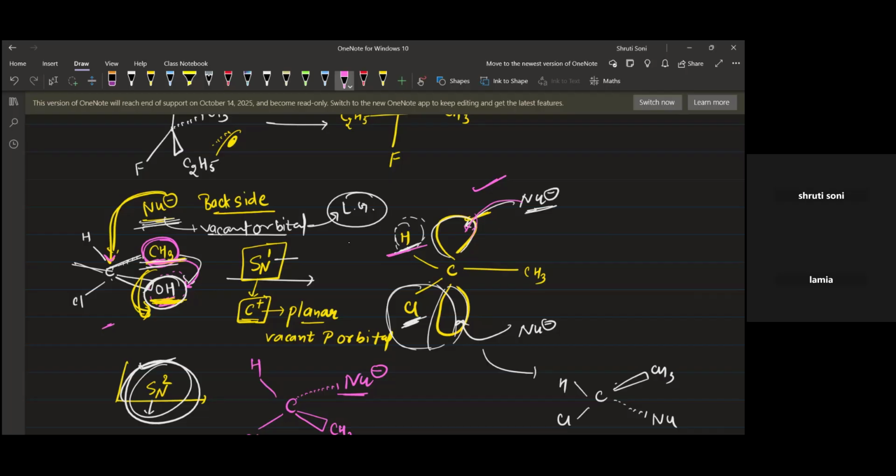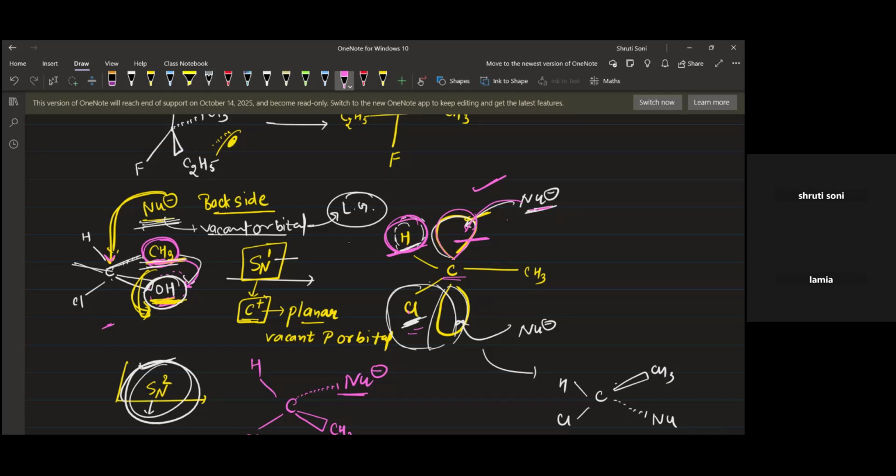Comparing hydrogen and chlorine, the nucleophile will attack from the hydrogen side because it occupies less space, leaving more space for the incoming nucleophile. It also depends on what sort of leaving group there is and what sort of atoms or groups are attached to the carbon. All of this depends upon the whole organic compound.